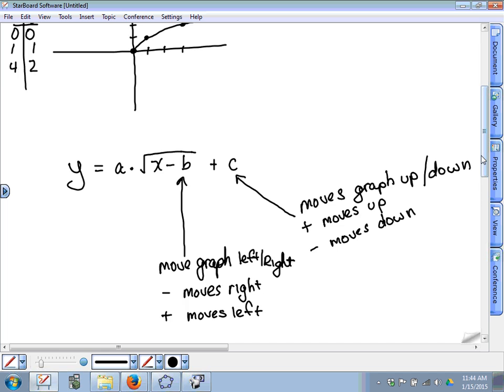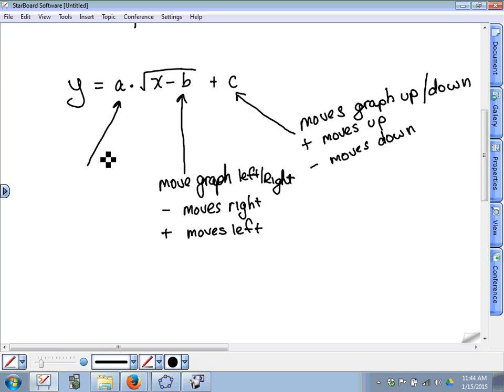Let's write it. So this is actually called the vertical stretch. Now we need to clarify this. If A is greater than 1, it stretches the graph up.